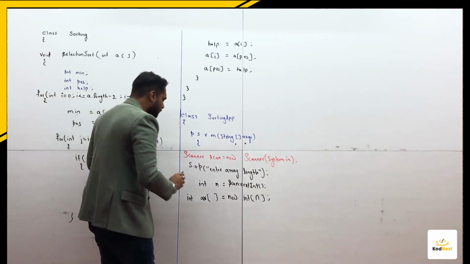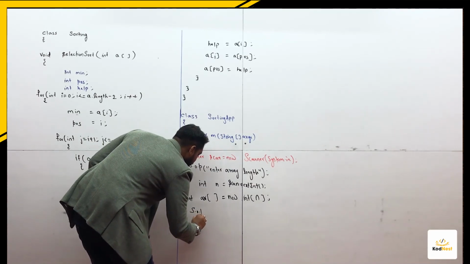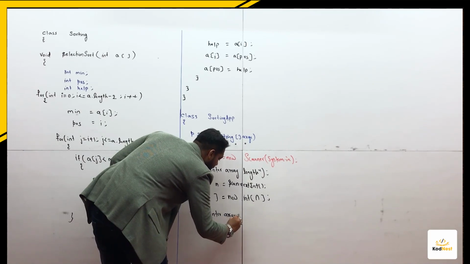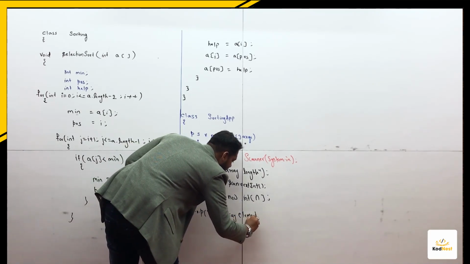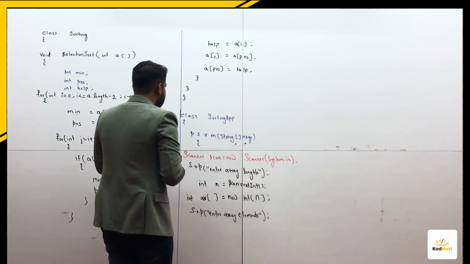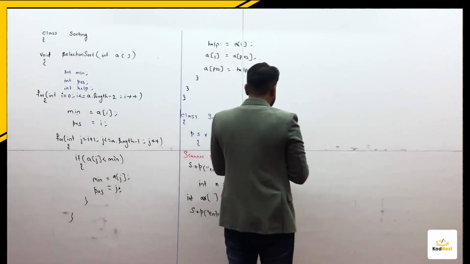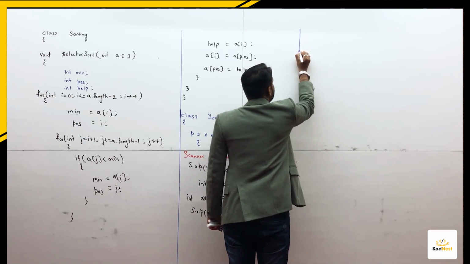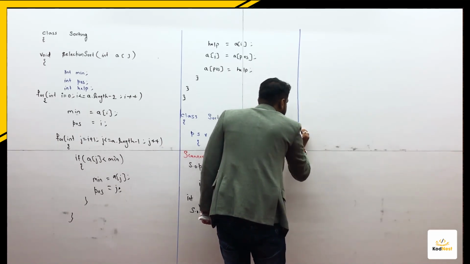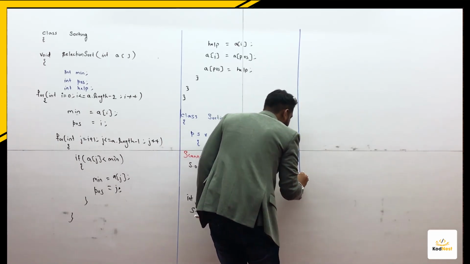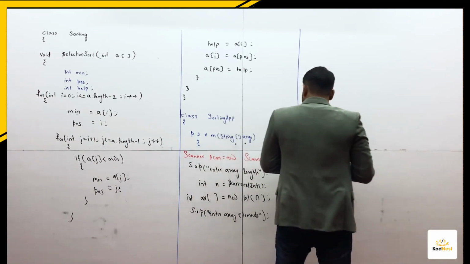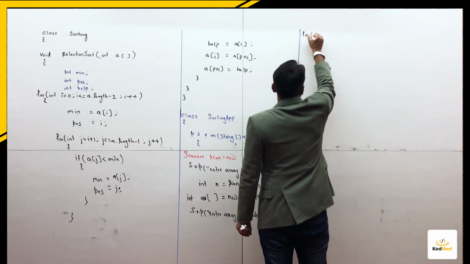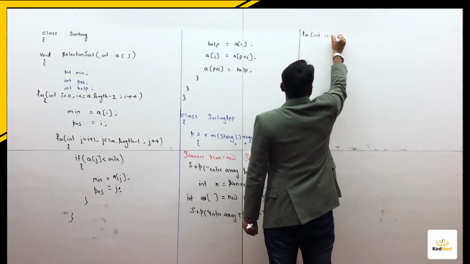So I will ask the user like this. System.out.println, enter array elements. By seeing this message, the user will enter the array elements. I have to collect it like this. Carefully watch it. I would tell it to start collecting the input from the 0th index.